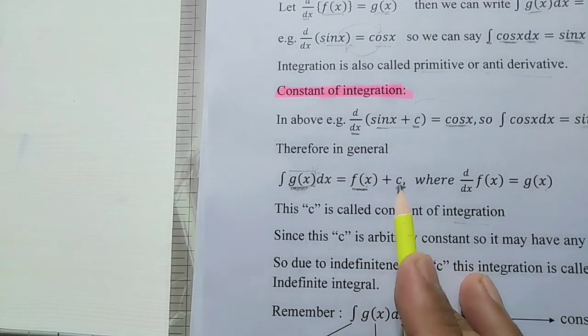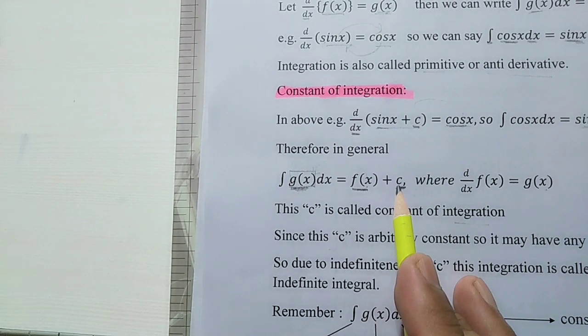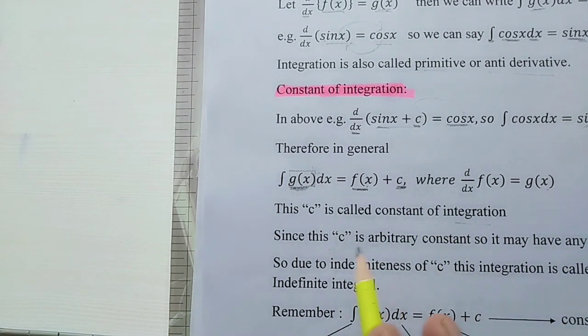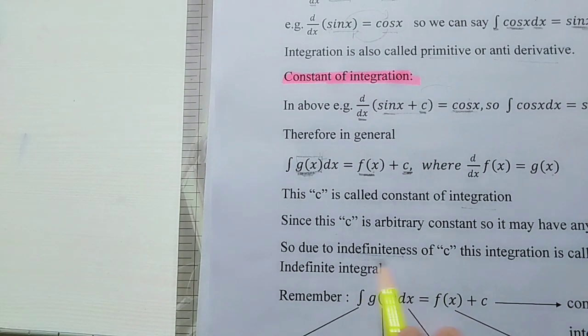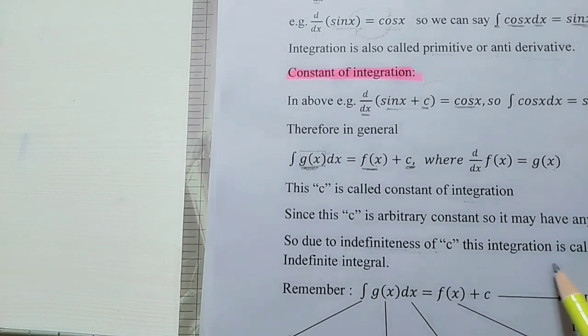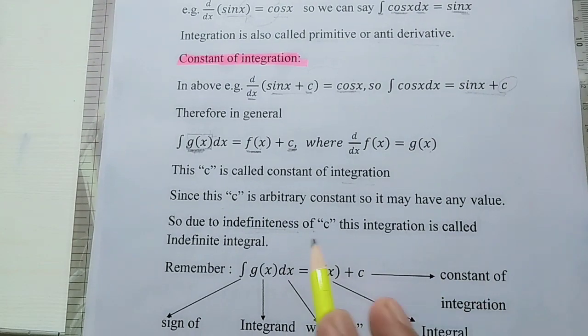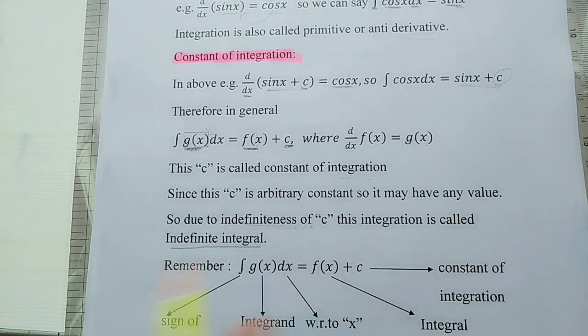Because c is arbitrary, it can take any value. Due to this indefiniteness of c, we call this integration an indefinite integral.